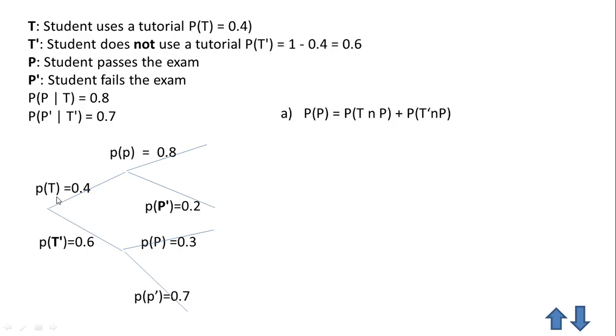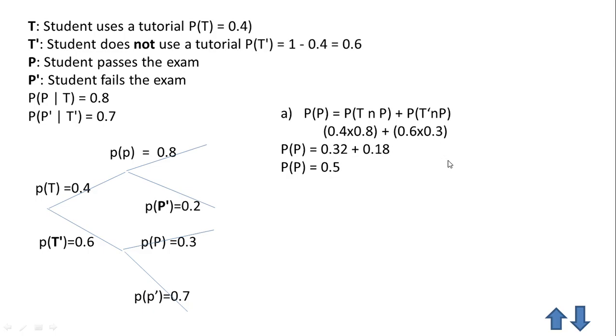So we look at tutorial and passing, we multiply these two, and also not using a tutorial and passing, we multiply 0.6 and 0.3. So this is what we have: 0.4 times 0.8 plus 0.6 times 0.3. Then we have the total. Probability of passing is a half.